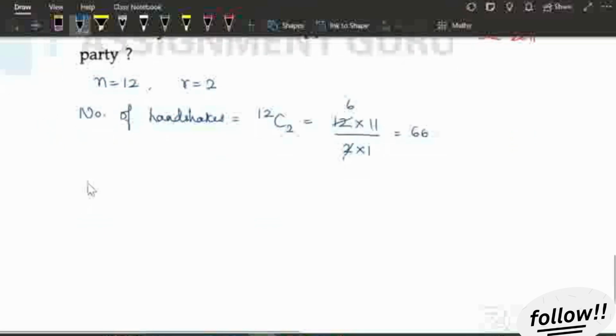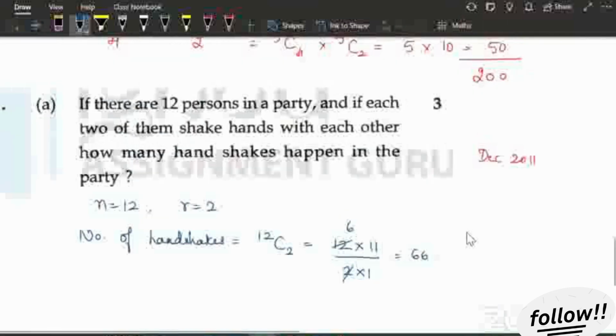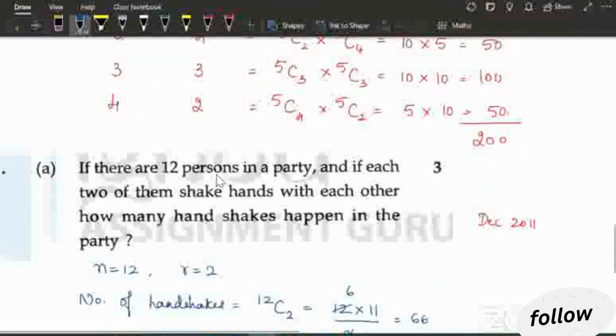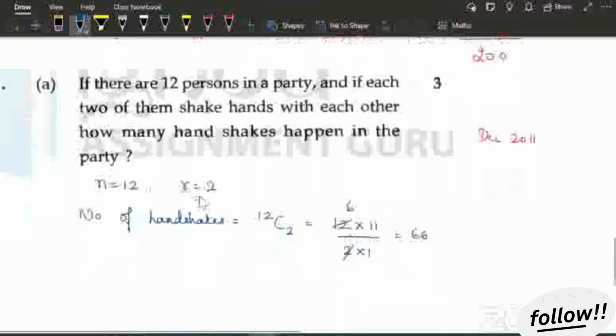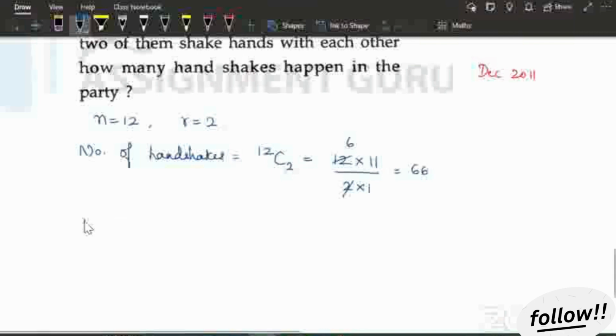If you take one person, then there are remaining 11 persons. There are 12 people, you are one of them, and there are 11 other people. When you go to that party, you have to shake hands with all the remaining 11 people. So the number of handshakes done by each person is 11.